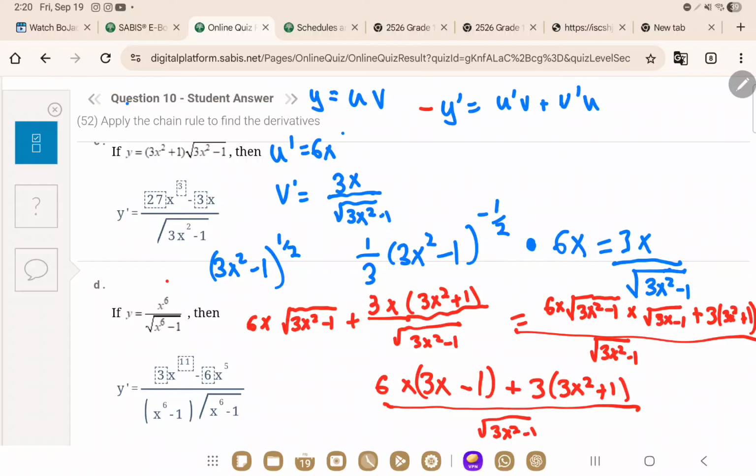Now we substitute into the equation, so it's going to become 18x cubed minus 6x plus 9x cubed plus 3x.